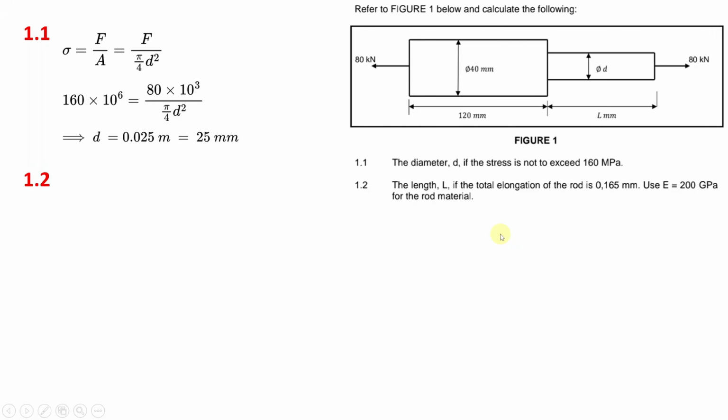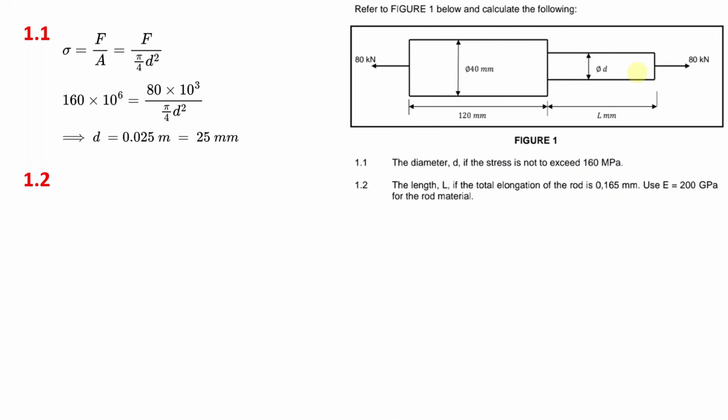What you need to understand here is that this object is made of two segments that are not uniform, because they do not have the same diameter. So the way this segment is going to stretch because of the force is not the same way this segment is going to stretch.